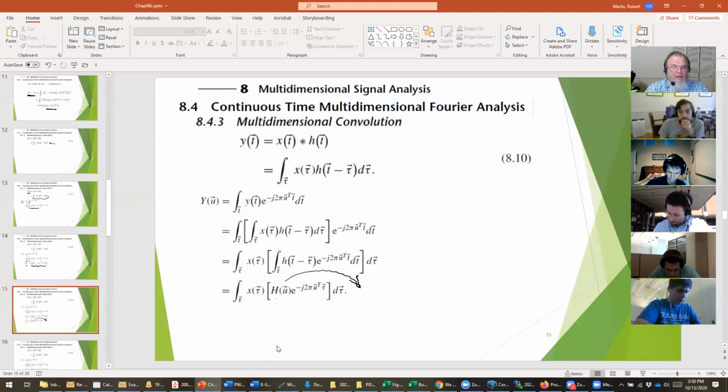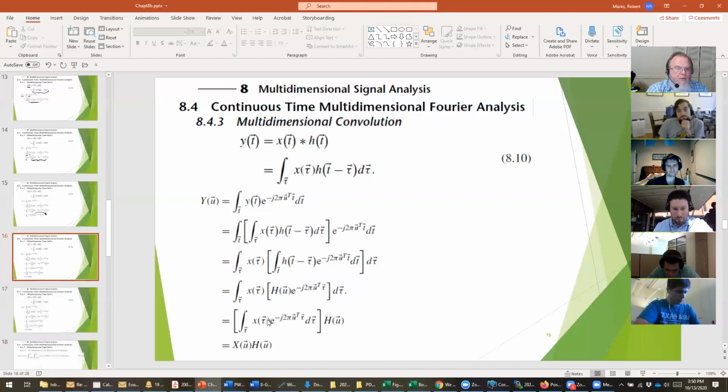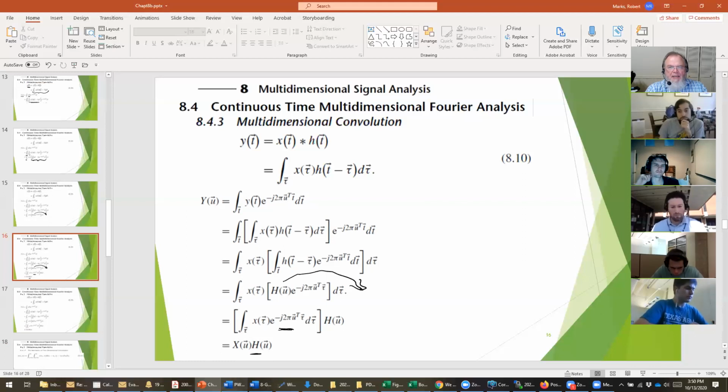And once we do that, what do we have left? What we have left is the Fourier transform of x. So again, we've taken this h sub u outside of the integral sign, and this is what is left, and what is left is recognized as the Fourier transform of x.